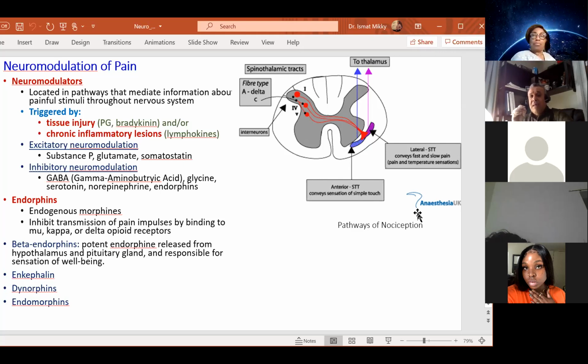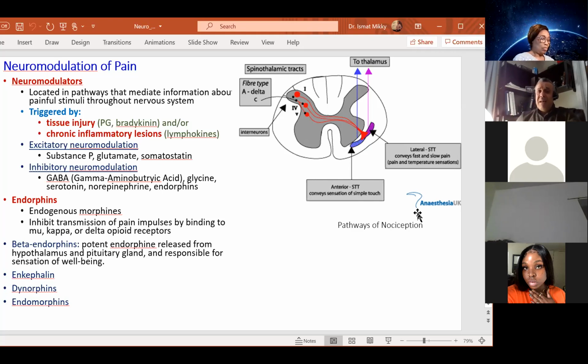So the nociceptors, which are the receptors, when they are excited by substance P or glutamate or somatostatin, that's going to result in pain experience. But when they are inhibited by chemicals like endorphins, then that results in pain relief.